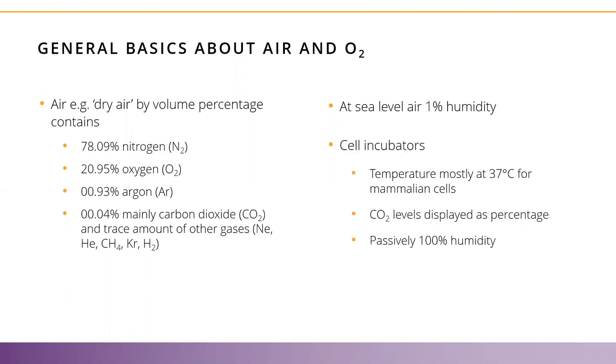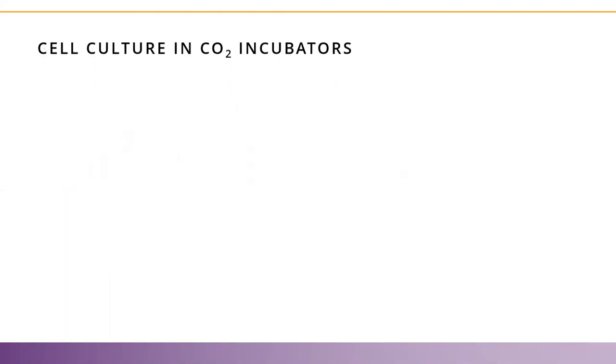In cell incubators, on the other hand, at 37 degrees, which is nice and comfortable for mammalian cells, CO2 levels have actually been raised to 5%, and passive humidity is kept at 100%. What does that actually mean for you? In cell incubators, that means that your oxygen levels are lower than this 21%.